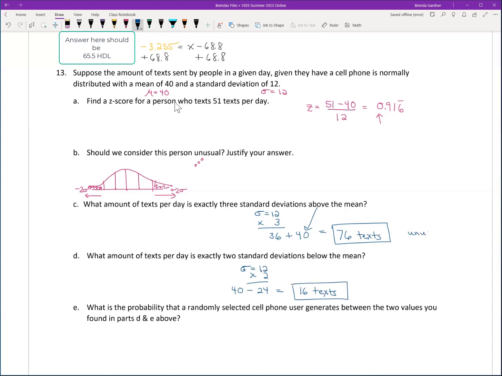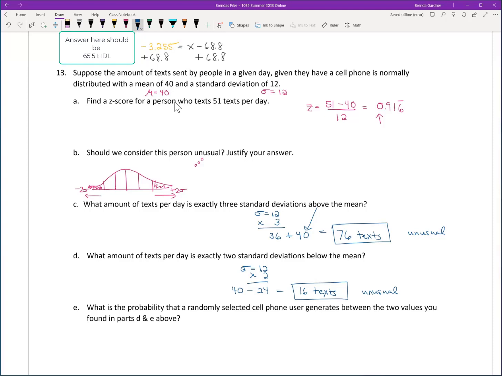I'm going to write up there on C, that's unusual. We would typically call anything less than 16 unusual as well. So if I have more than 76, for sure I'm unusual, because I'm 3 standard deviations, not just 2, but 3. And if I'm less than 16, I'm unusual.